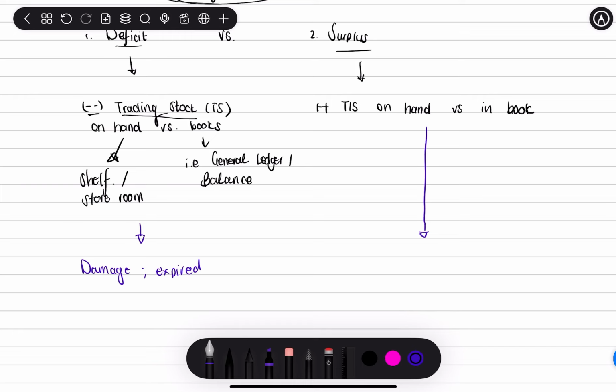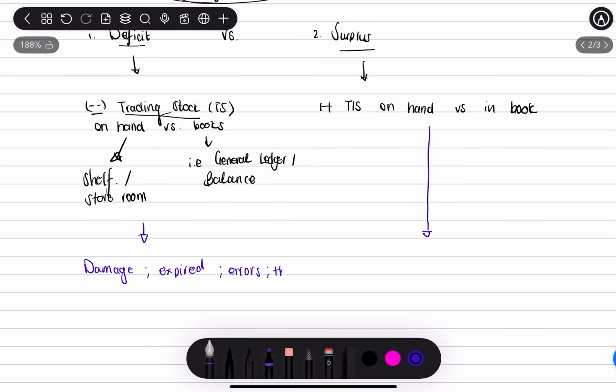What else? And of course, simple things like errors. People make errors in terms of putting numbers in our books, you know. They don't put the exact amounts in the books. So basic things like errors, things are damaged, things expire, and theft.